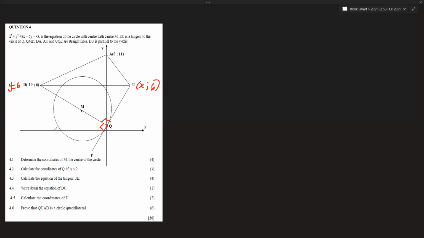Awesome. Now I can go to my question. They want me to determine the coordinates of M, the center of the circle. I'm given the equation of the circle as x squared plus y squared plus 8x minus 6y equals -5.